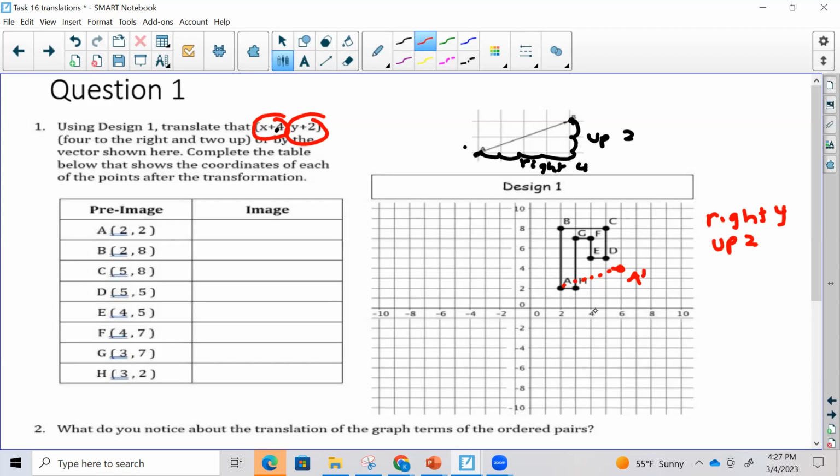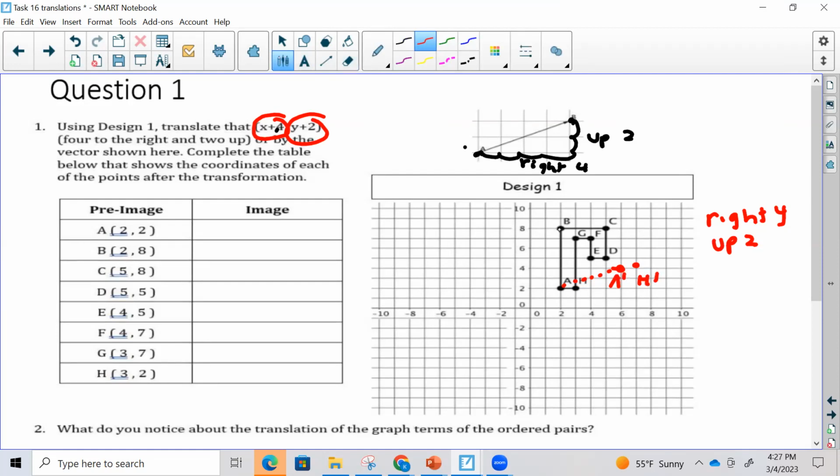Okay, and I'm gonna do the same thing for all the points. So H, I'm gonna move right 4, 1, 2, 3, 4, and then go up 2, and that's my new H. And I do that for every point.